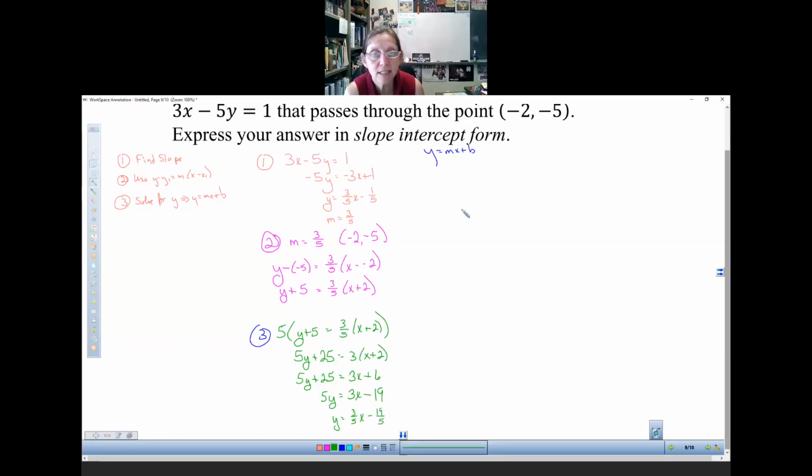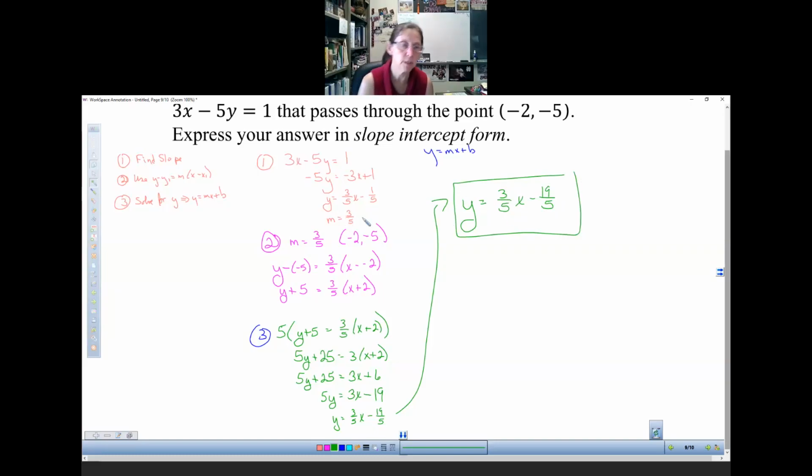And that is my final answer. I'll write it up here so we can see it: 3/5 x minus 19/5. Notice the slope of this line is 3/5, which was the slope of the line that it's parallel to. I'm going to take a breath and see if you have questions.